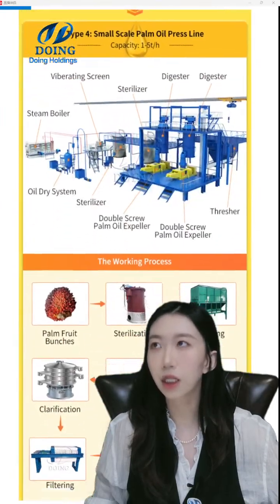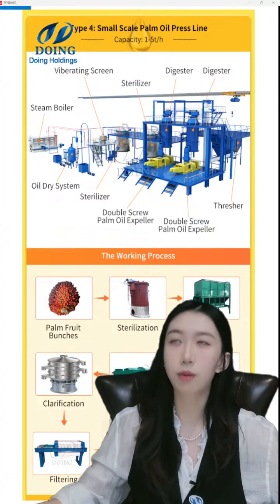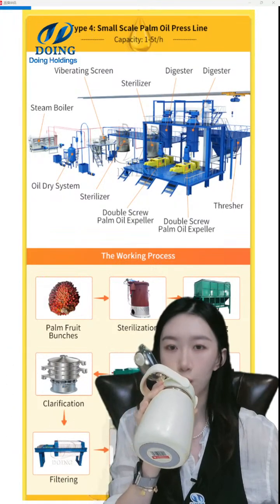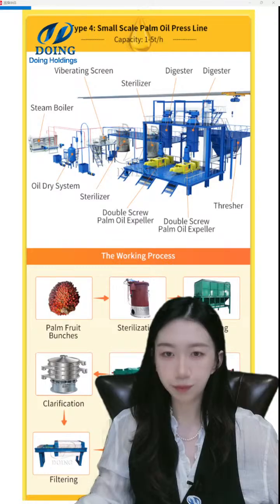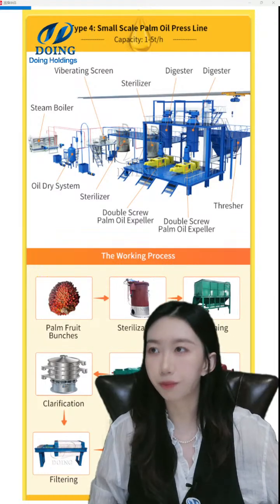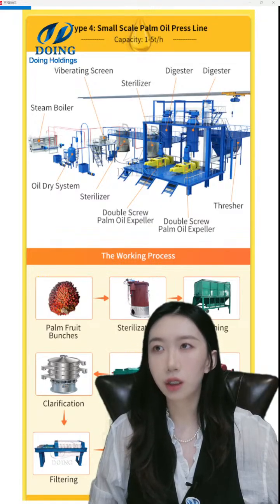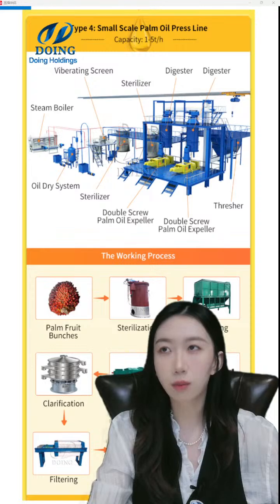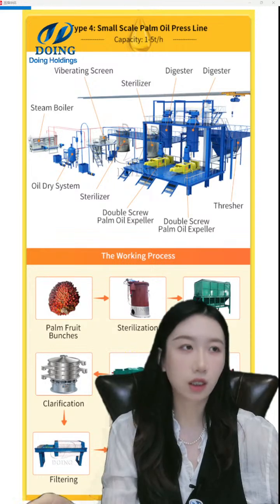The next is the small scale palm oil production line. Its capacity is 1 to 5 tons per hour. Its equipment is more complete.